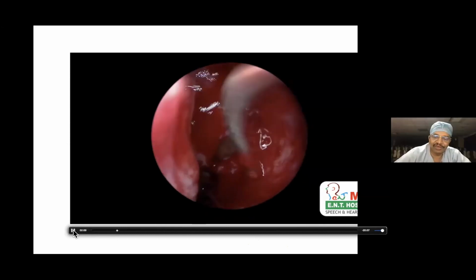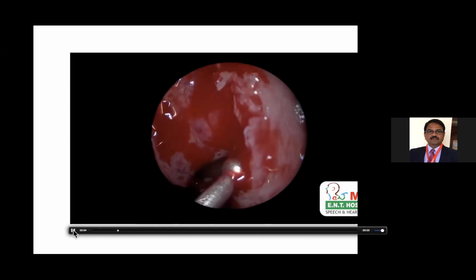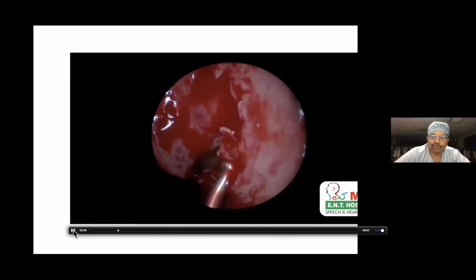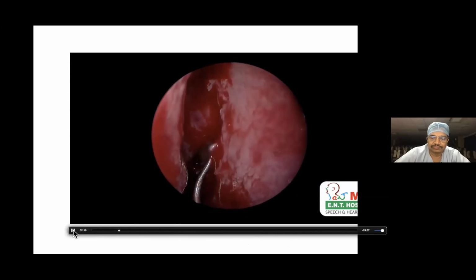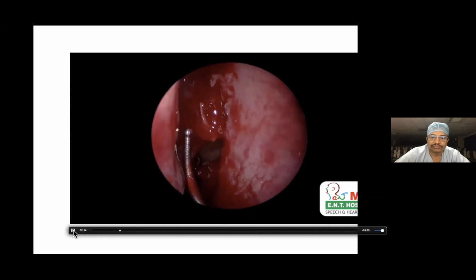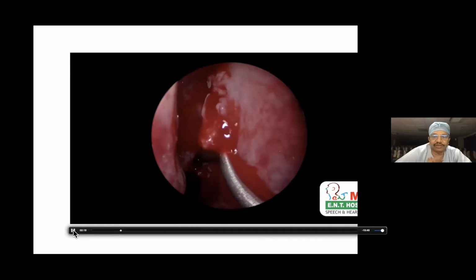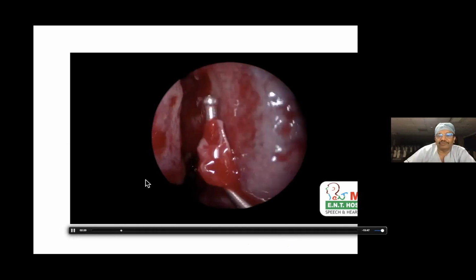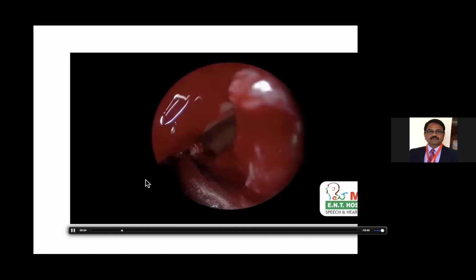Now I'm working on the thing which we have understood. I'm dissecting out this bone. That is typically the shape of this bone. That's the junction. I removed that bone.